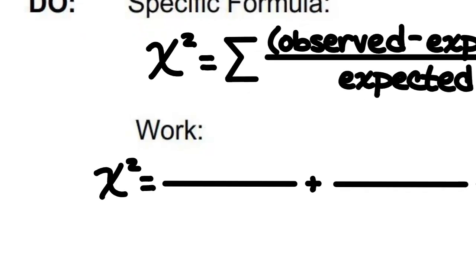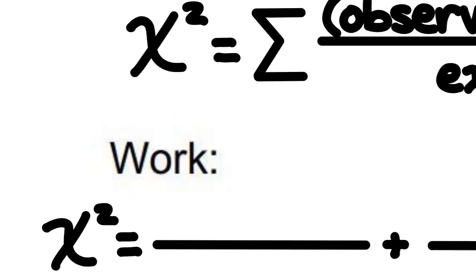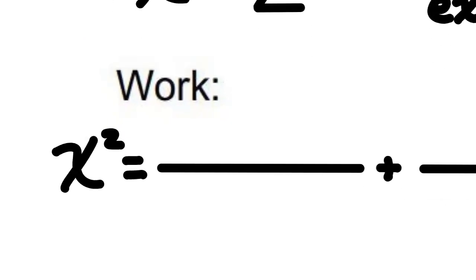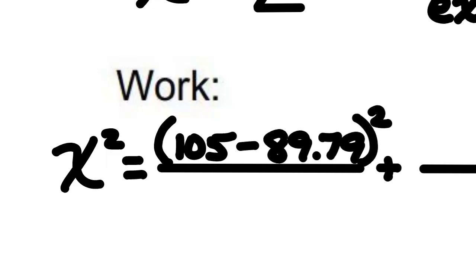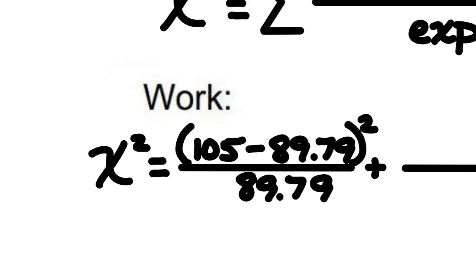That's perfectly fine. What was our observed number of red Haribo gummy bears? 105. What was our expected for the red Haribo gummy bears? You said 89.79? So close my parentheses, square it, divide by 89.79.